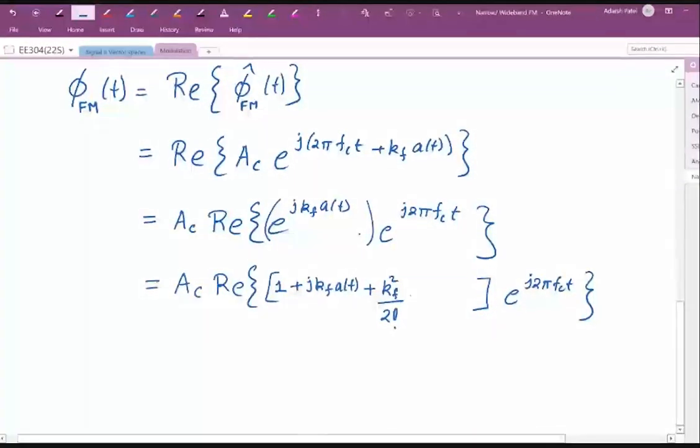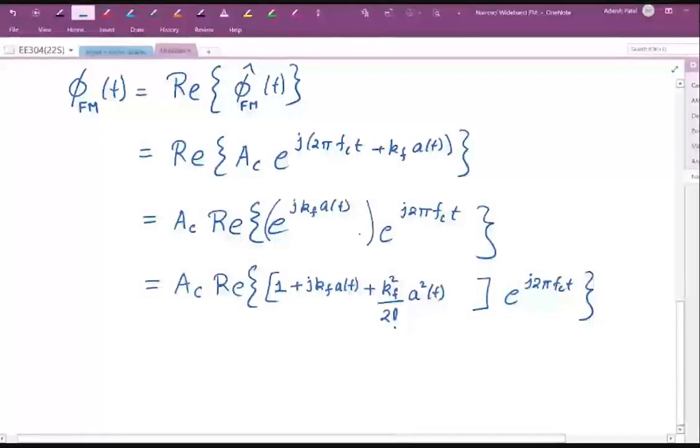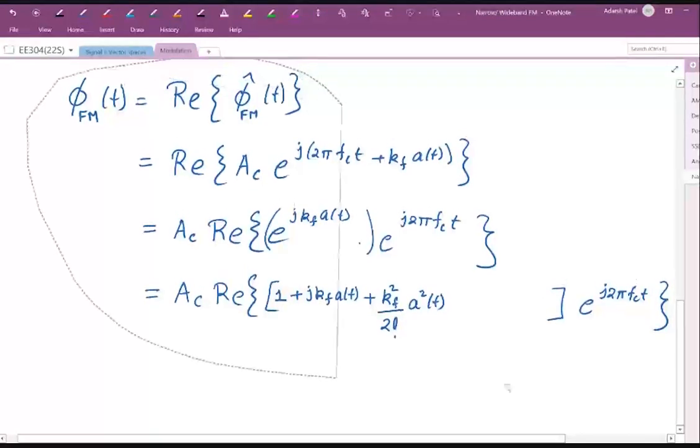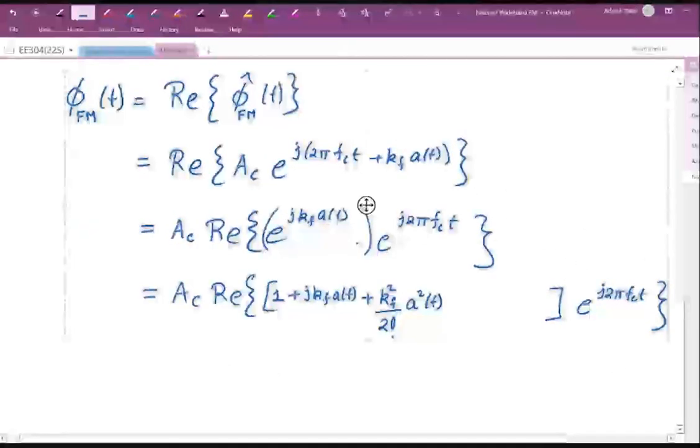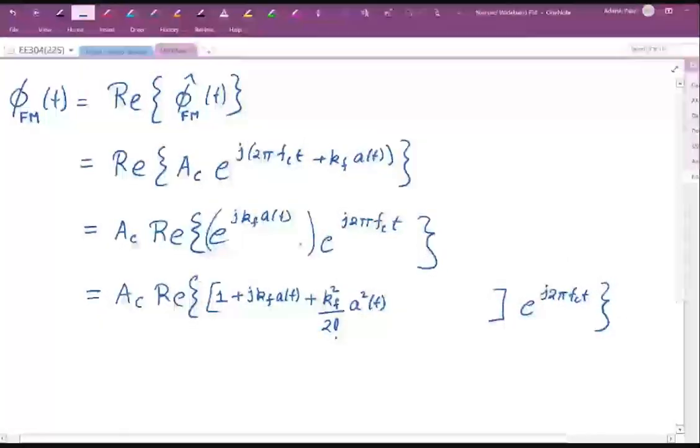And then the cube of this term by 3 factorial similarly. So let me just say dot dot dot like this. Is it?